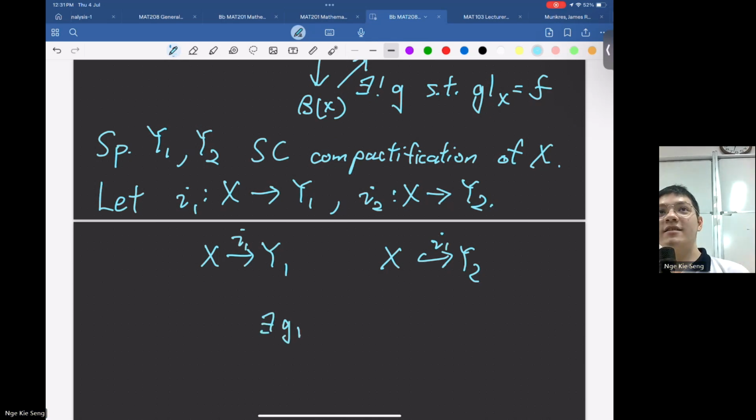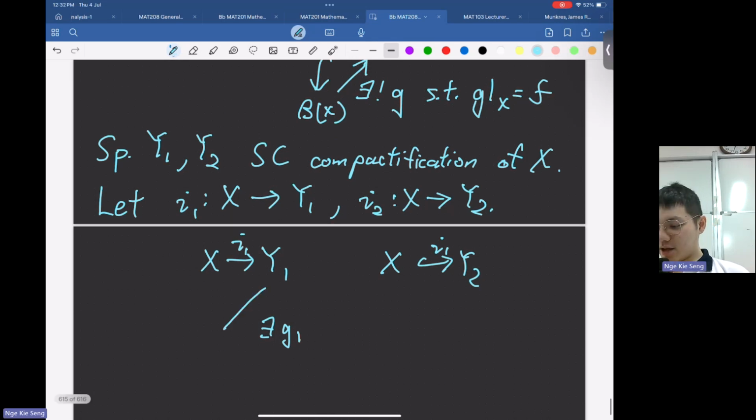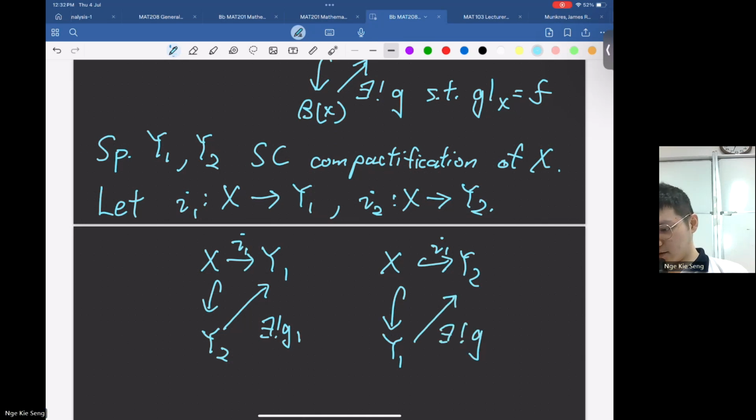From where? If from Y1, then it's super boring. It's almost the same map, the identity map. So you can take Y2, such that you have this unique G1 extension. For the other one, you can take Y1 instead. The previous theorem.